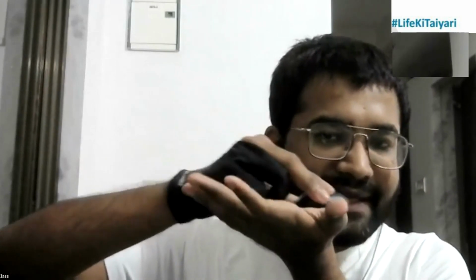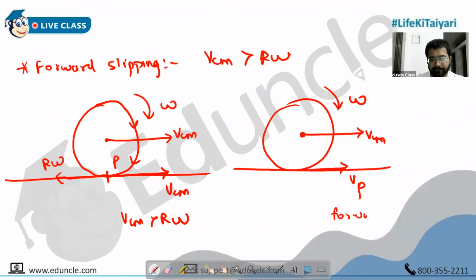But now if there will be some slipping that is going to happen, because now slipping is happening, now the point of contact has velocity with respect to the ground. So now, since there will be some slipping in the forward direction, there will be friction in the backward direction, which will try to oppose this slipping, people. So first of all, this is known as forward slipping because it's going in the forward direction. It's going in the direction of VCM.